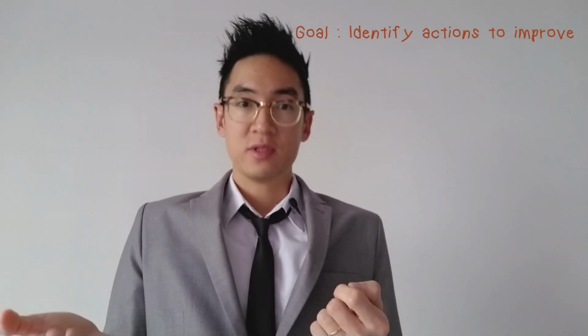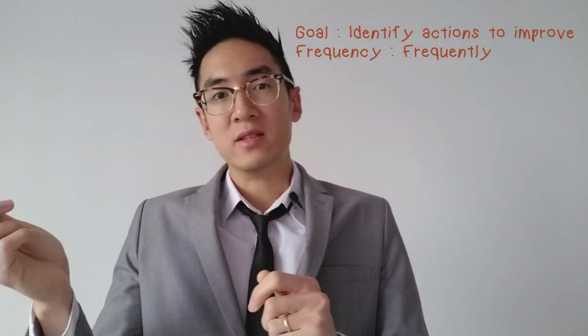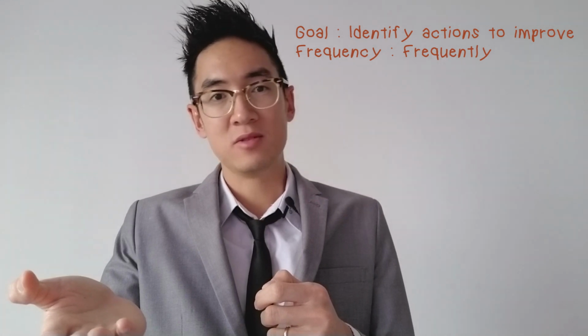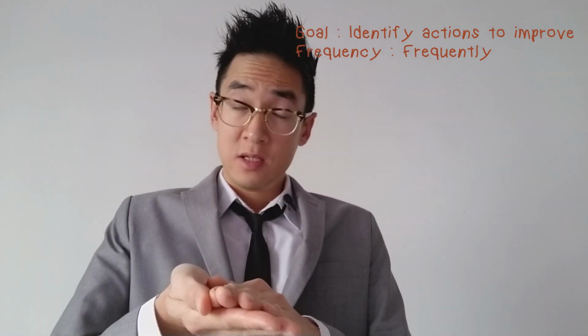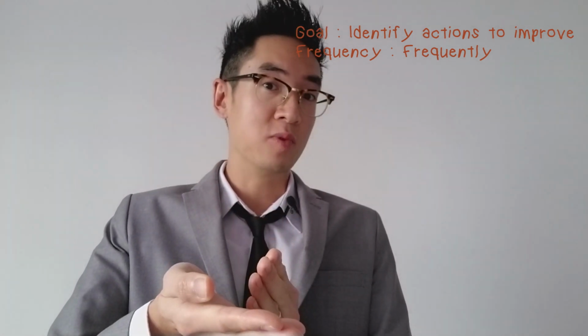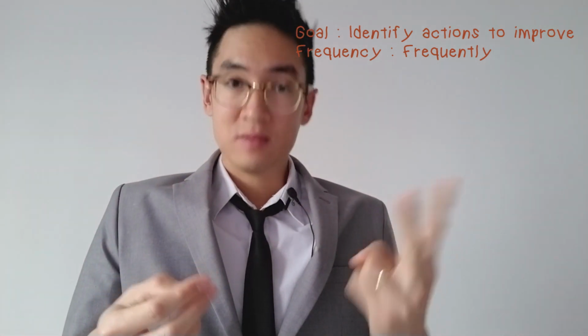To be effective, the retrospective has to occur as frequently as possible. Don't wait 1 year after setting up a retrospective. No, it doesn't work. A retrospective, for example, in an Agile team occurs at the end of each sprint, like I mentioned before, every 2 weeks.